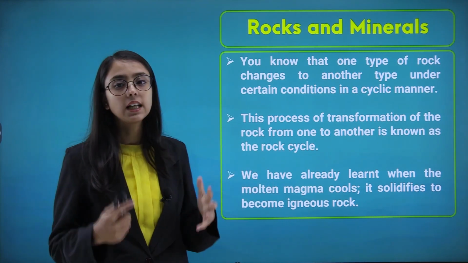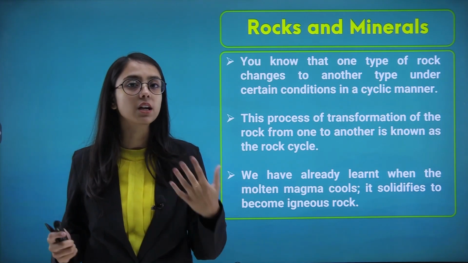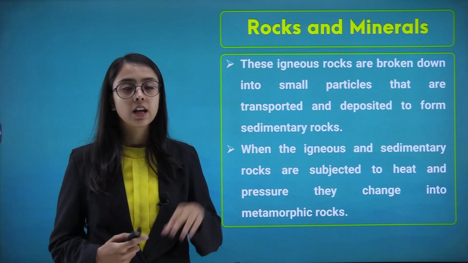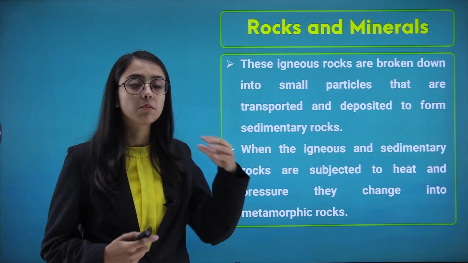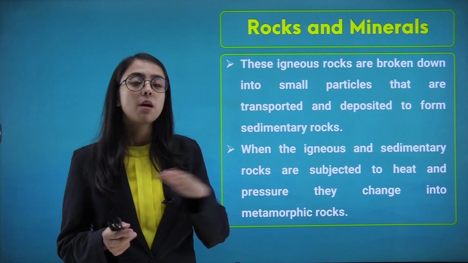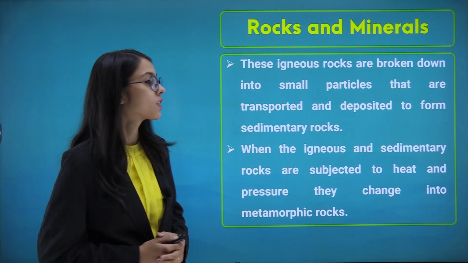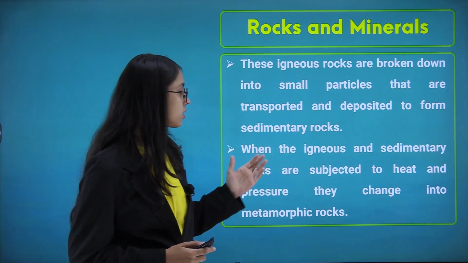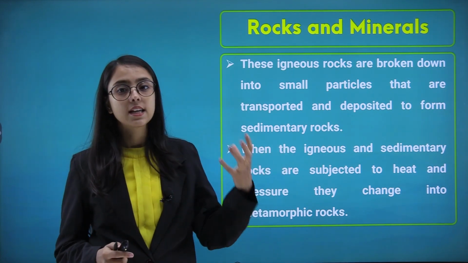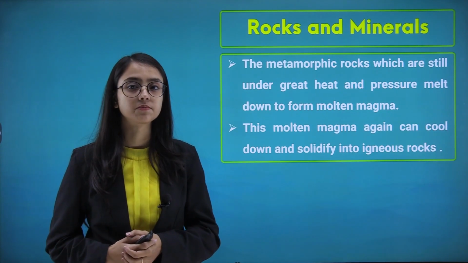We have already learnt that when molten magma cools, it solidifies and becomes igneous rocks. These igneous rocks may be broken into different sediments, and these sediments may form layers of sedimentary rocks. When the igneous and sedimentary rocks are subjected to heat and pressure, they change into metamorphic rocks.